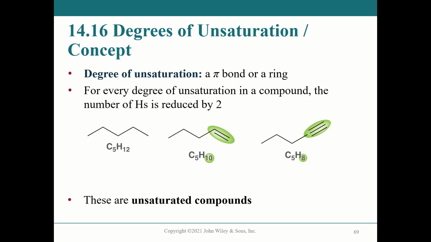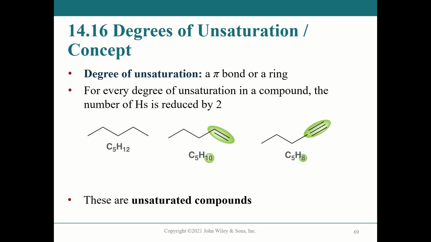That 1 degree of unsaturation means it is either a pi bond or that structure has a ring in it. And so our actual structure is given to us. That would be, instead of pentane, 1-pentene, or just pentene. And the double bond is essentially removing 1 degree of unsaturation worth of hydrogen.